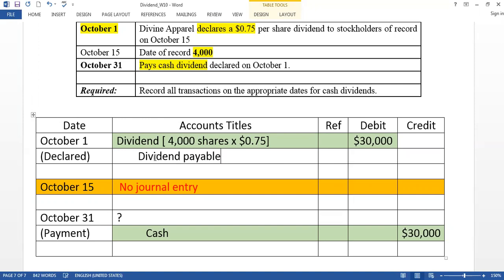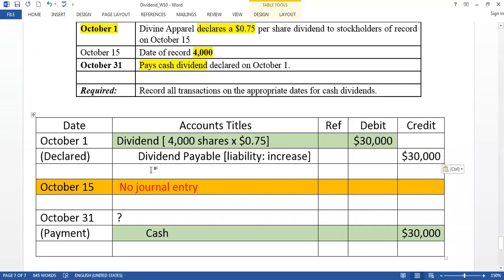What is the meaning of dividend payable? Dividend payable means dividend to be paid in future. Payable means to be paid, right? So this is your liability. And we know that liability increase is credit, right? So this $30,000 is credit now.